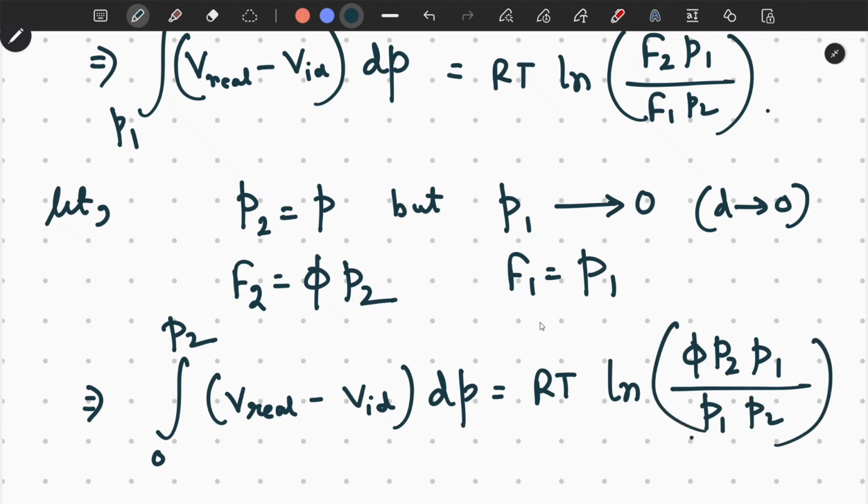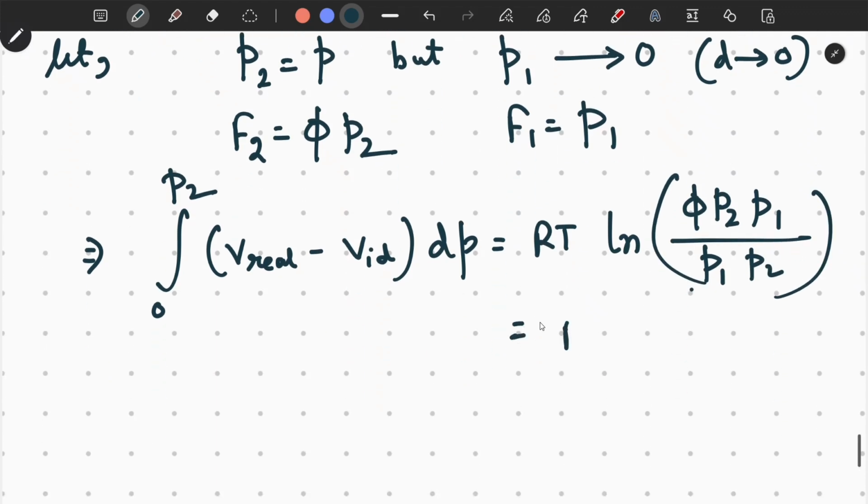You can write it as RT ln phi. Is this clear? Yes. Great.